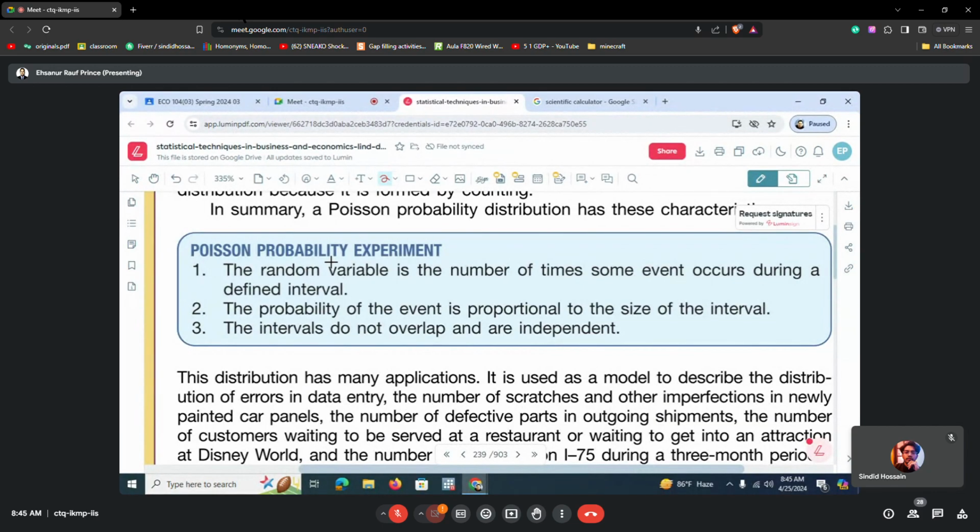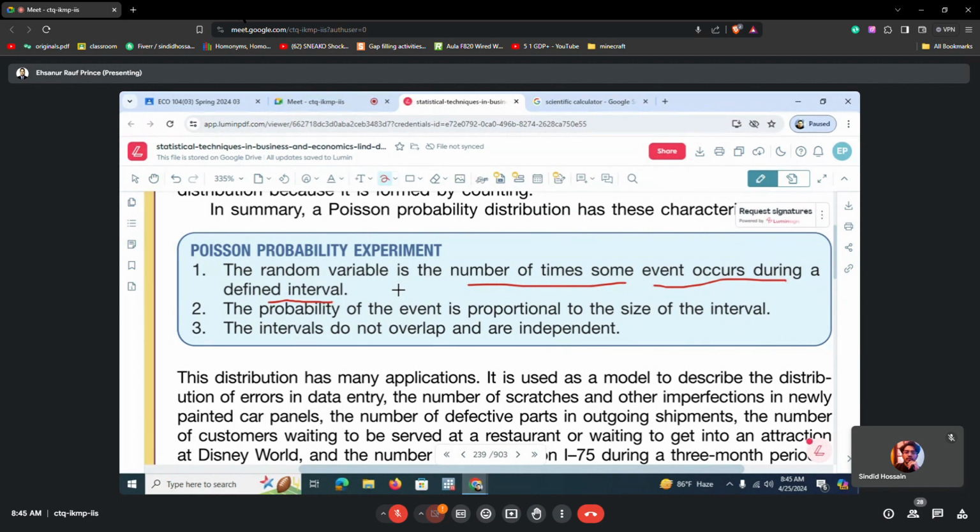Now, what are the features? Poisson probability experiment features: the random variable is the number of times some event occurs during a defined interval.